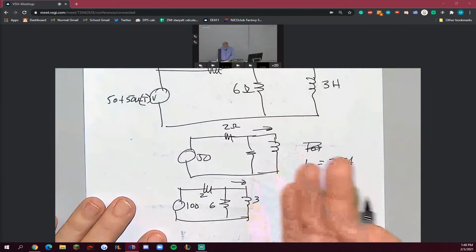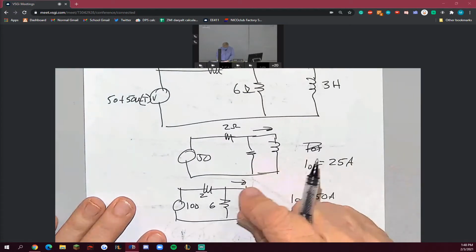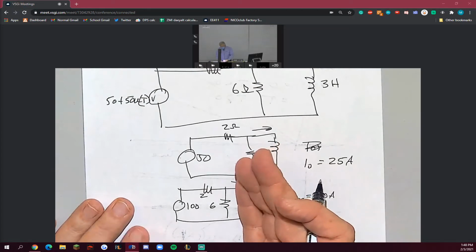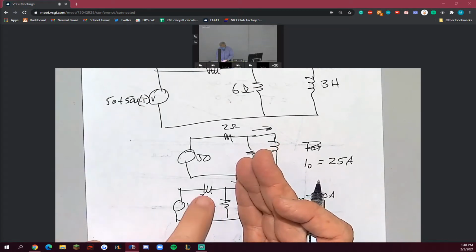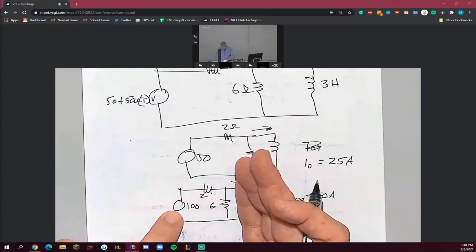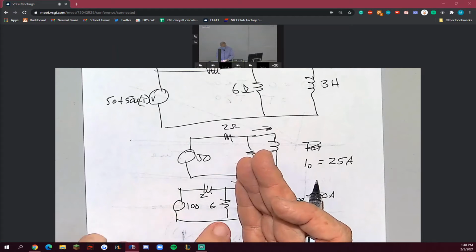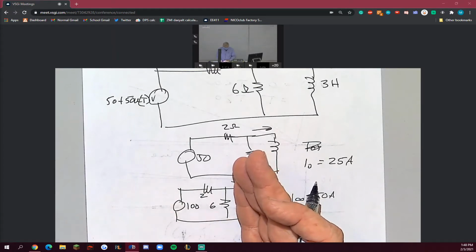For the Thevenin equivalent, we'd basically look from the inductor terminals back, and what do we see? We see 6 ohms and 2 ohms in series with a voltage source, but for Thevenin, a voltage source is a short circuit. So we've got 6 ohms in parallel with 2 ohms.